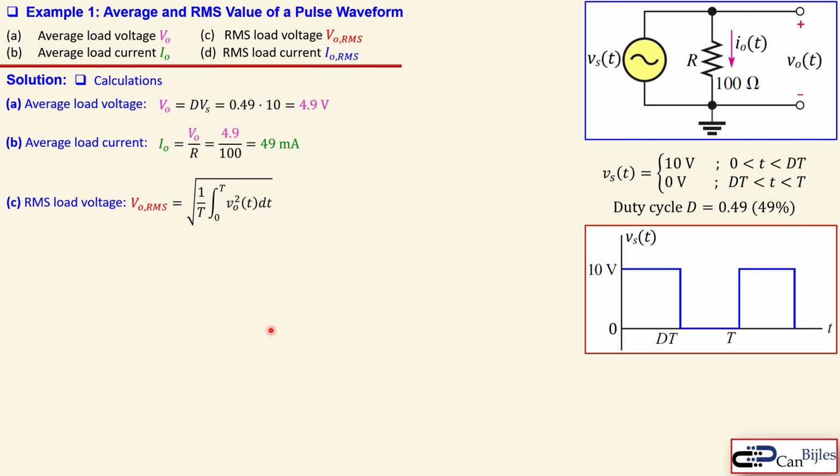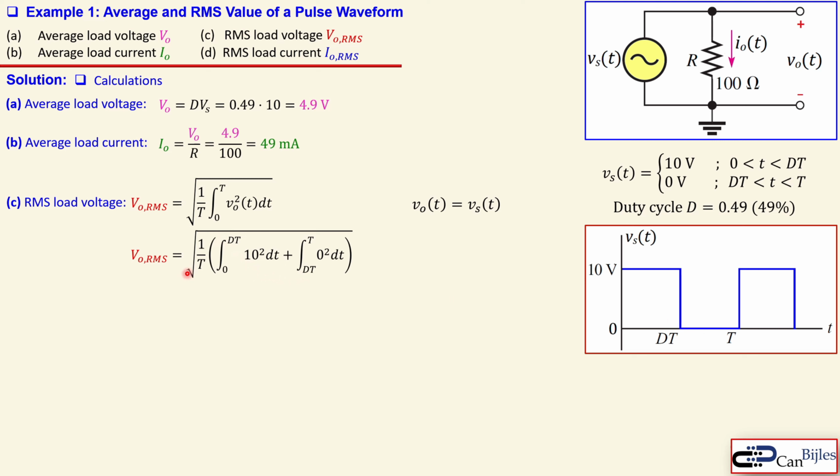Okay, we know that our signal is VO here at the output, but it is also equal to Vs, so we can say these are equal to each other, and we can split our output voltage in two parts: a part that is 10, which is equal to Vs, and a part which is 0.